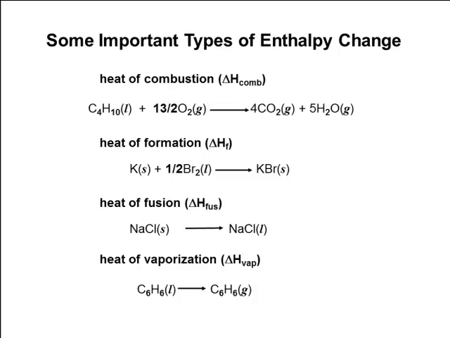So you need to recognize these different types of enthalpy changes. You need to be able to identify them as the heat of combustion, heat of formation, heat of fusion, heat of vaporization, and you need to recognize that it's for 1 mole of the compound and it's related to the amount of heat either absorbed or given off in that process. All right, so that's covering the basics of thermochemistry.